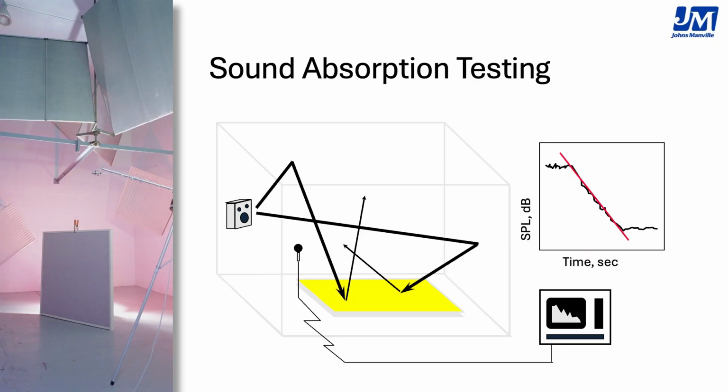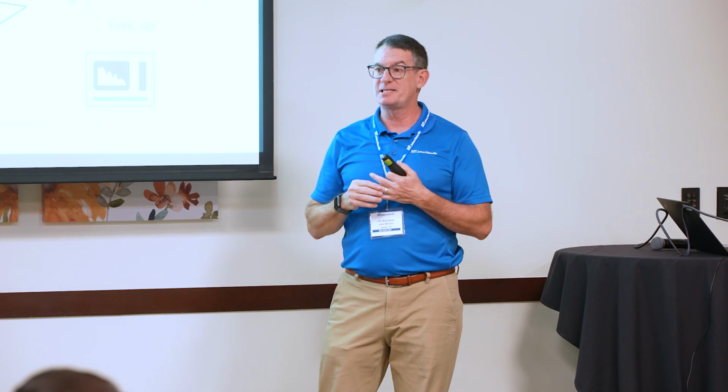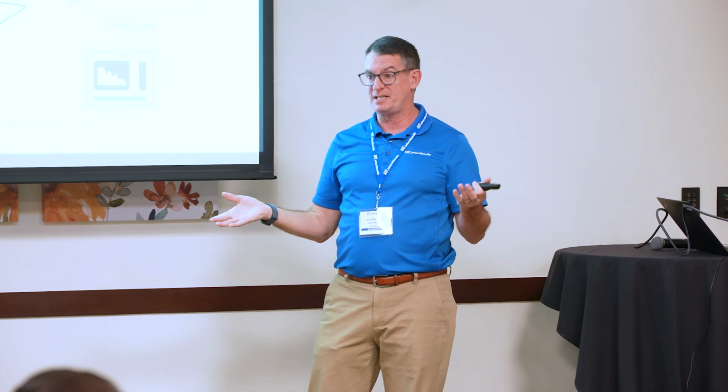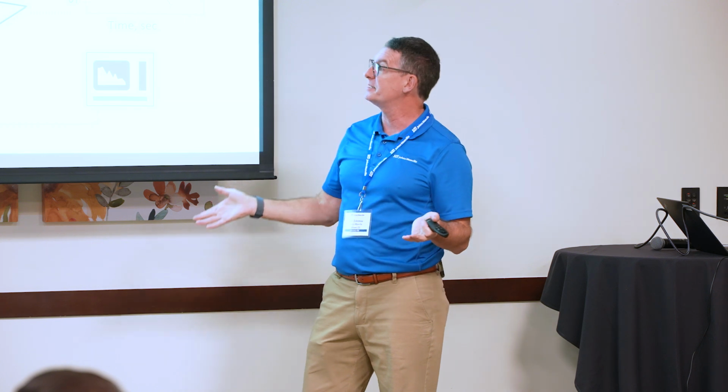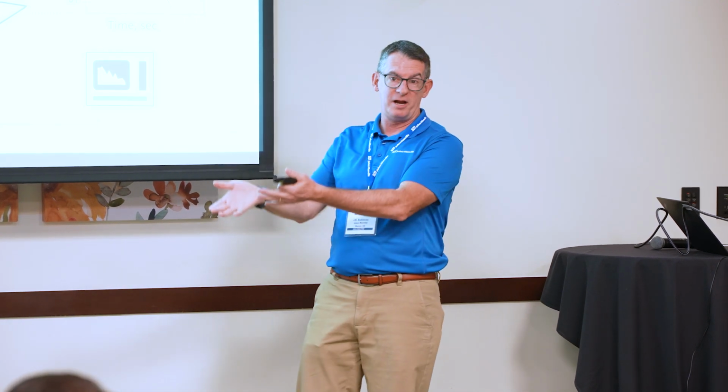We will turn the noise on, and then we turn it off, and we listen to the echoes. We basically measure how long it takes that echo to fade away. When the room is empty, in our chamber at least, it takes about 3 to 5 seconds for the echo to fade away, because it's a very reverberant space. And then we run that measurement again with whatever the material is.